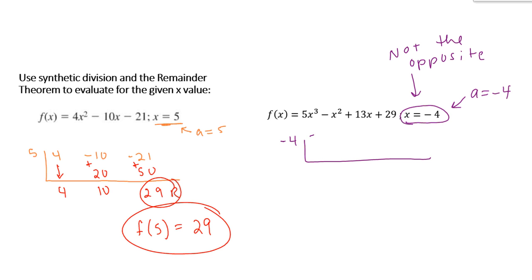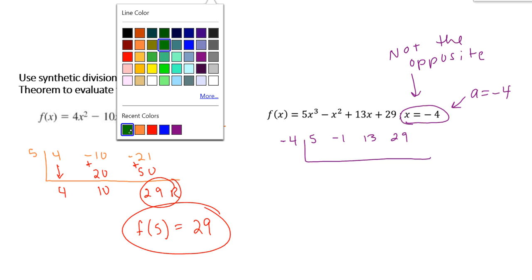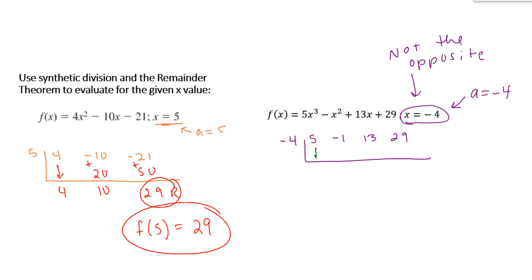Coefficients inside are 5, negative 1, nobody's missing, so 13, 29. Regular old process, bring down the first one, multiply diagonally, add down. Multiply diagonally, add down, multiply diagonally. That's negative 388.